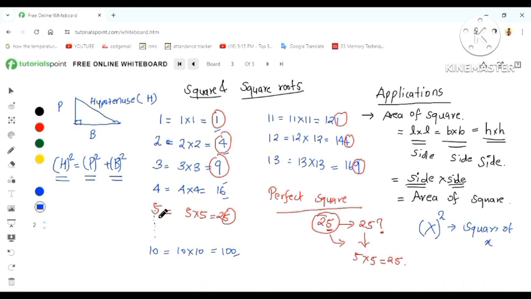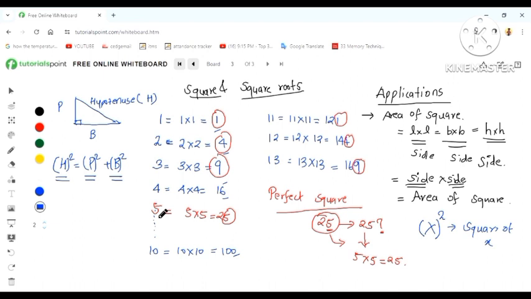So you can see how important these squares are, and if we are able to understand the tricks and the basic patterns of how these square numbers are arranged, we can use these concepts to find the solution of complex calculations. That's why it is an important topic to study.